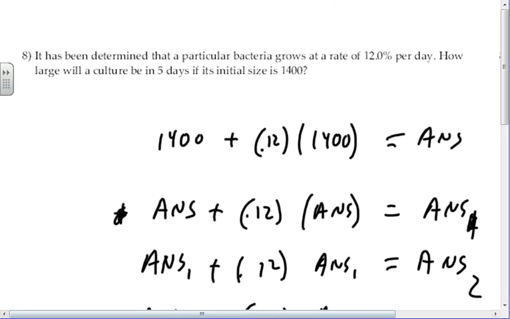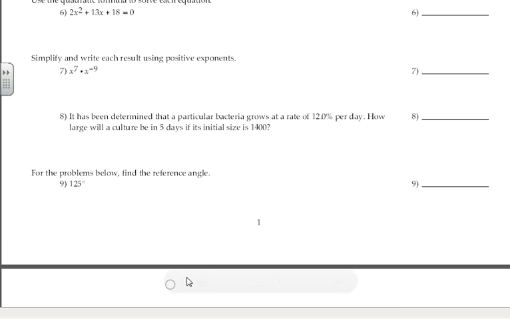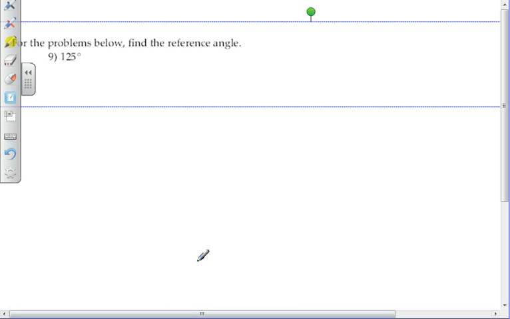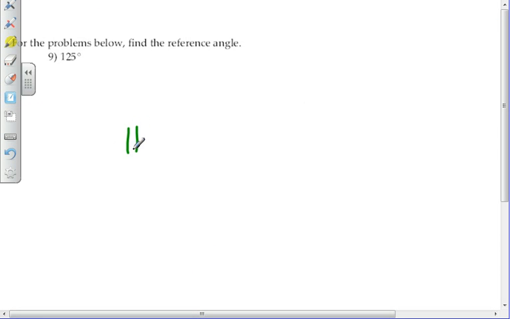Now we're going to 9. Oh, the root minus 180, right? What's the reference angle? Okay, so we have a second quadrant answer. In the second quadrant, the angle is 180 minus the reference angle.